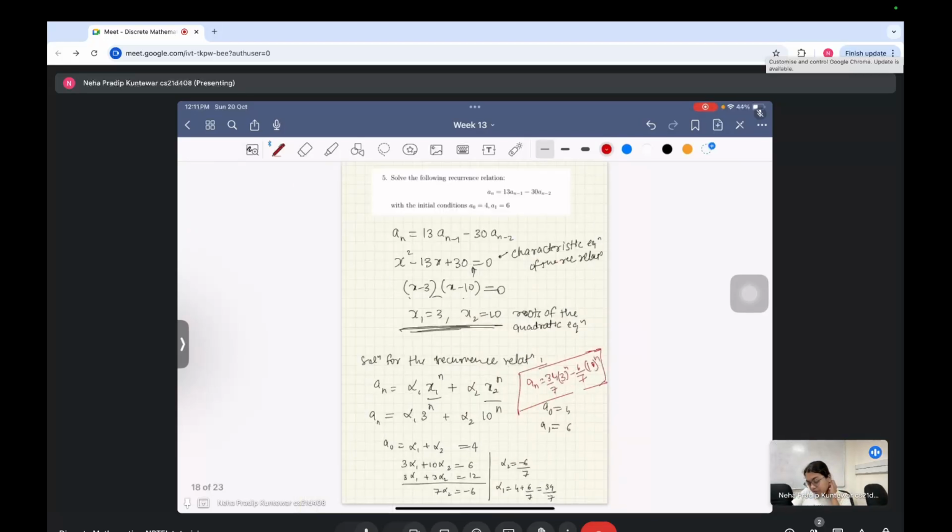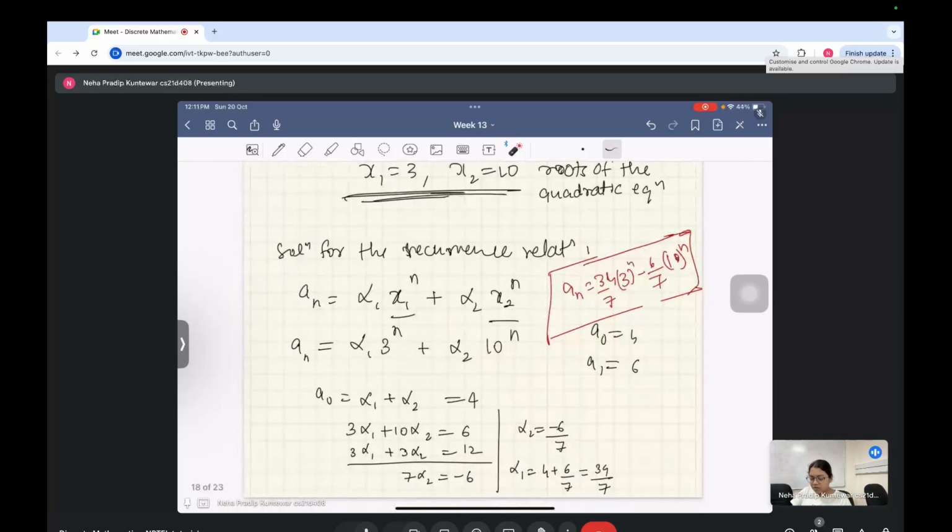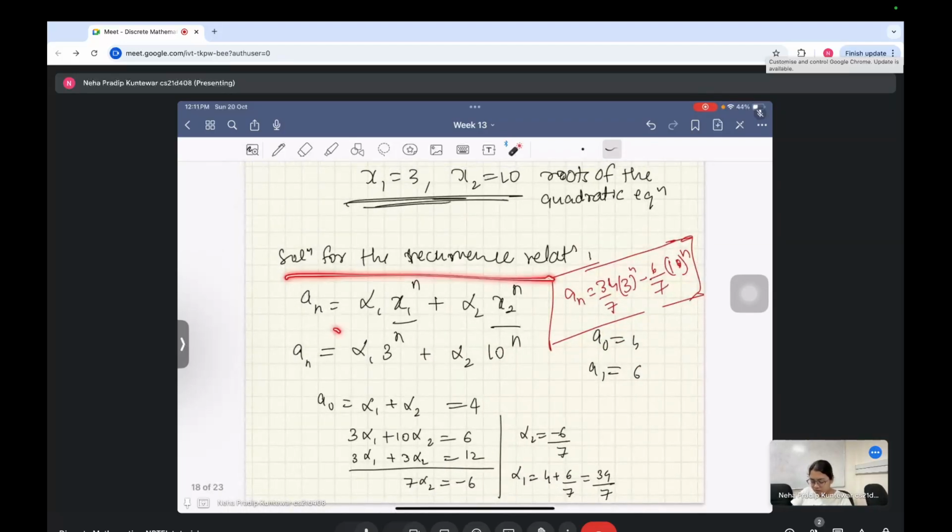So what we did is, given this, we found the characteristic equation for the given recurrence relation. We found the roots and plugged them into the formula. So a solution for the recurrence relation would be given by this whenever the roots are distinct. In this case 3 and 10 are the distinct roots, therefore this is what you get. If both the roots are the same, then you additionally get a factor of n.